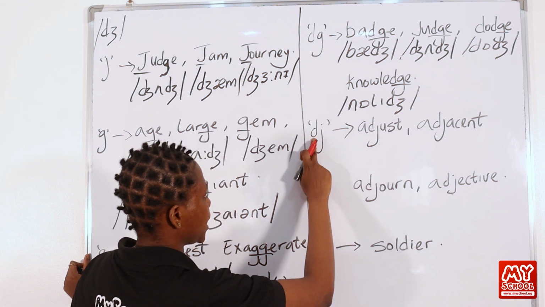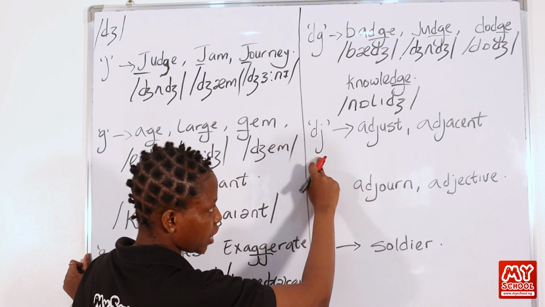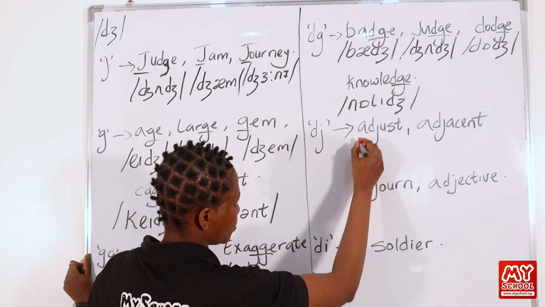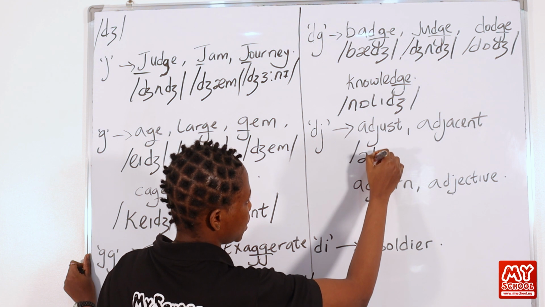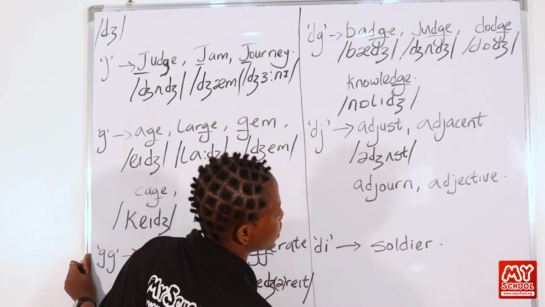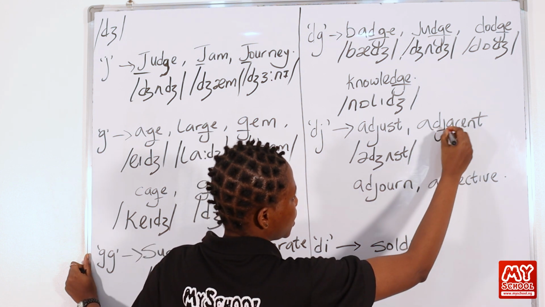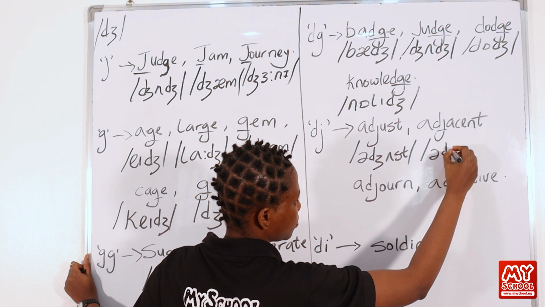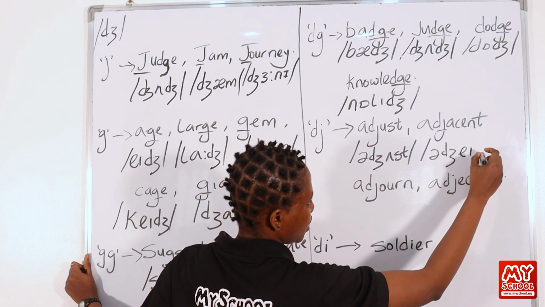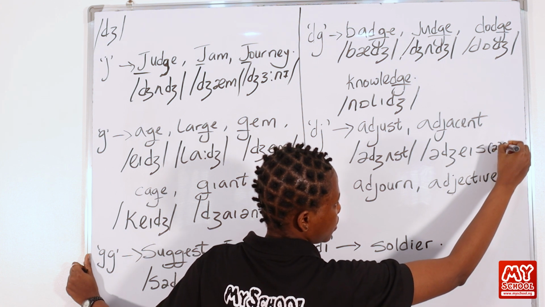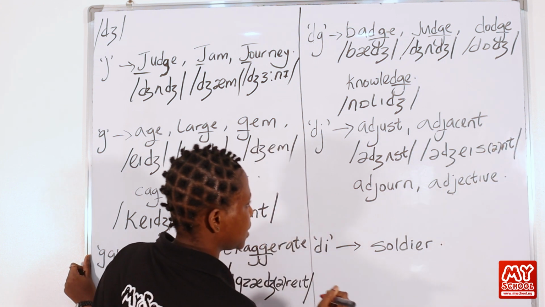Okay, so next is DJ. DJ used together in the word adjust. In the word adjacent.